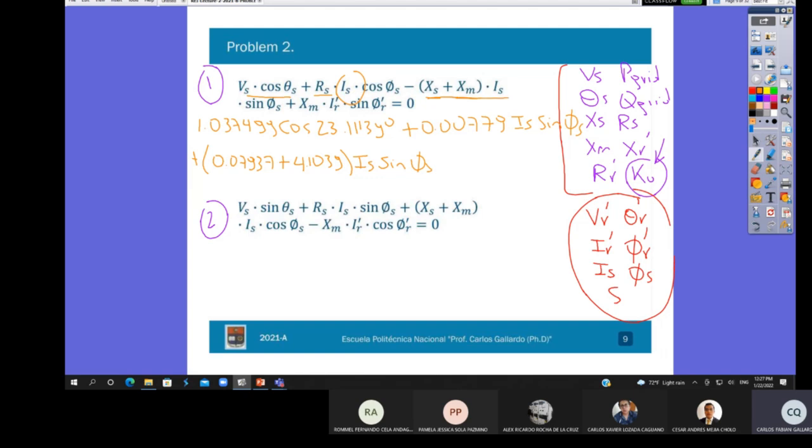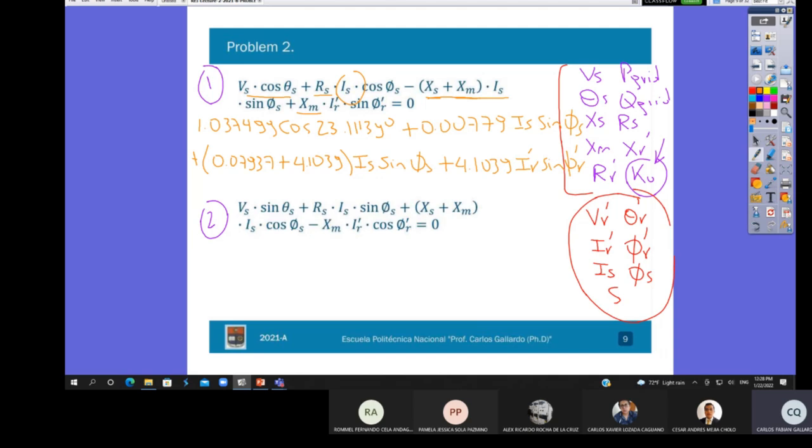And the last term is the magnetizing inductance, which is 4.1039. I will have the rotor current, this is unknown, and the angle. I will have sine. This is my first equation.